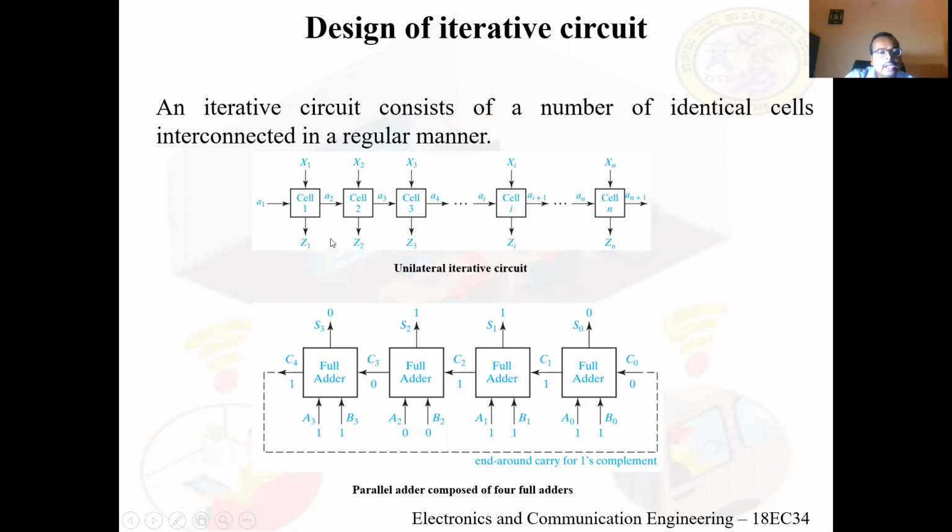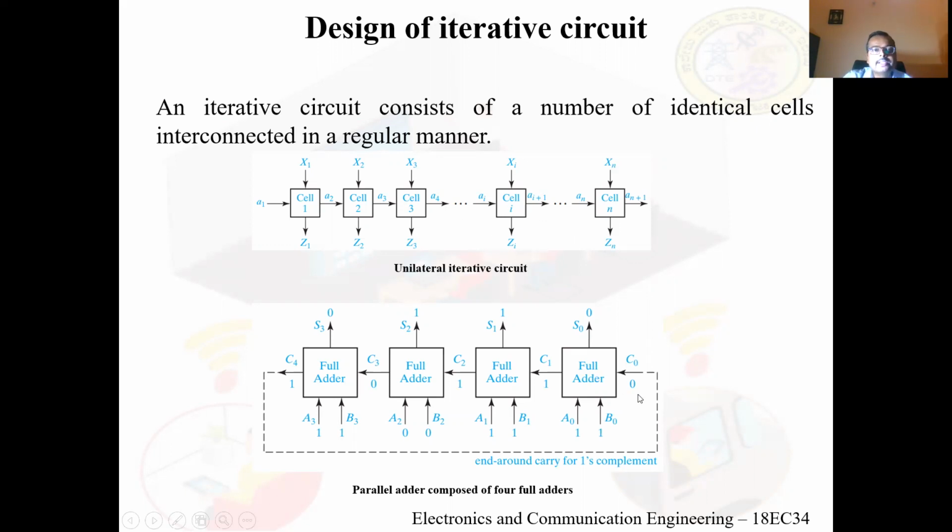Now, if you see, each cell is a combinational circuit which possibly takes one or more primary inputs and possibly generates one or more primary outputs, and it can take one or more possible secondary inputs and possibly can generate one or more secondary outputs.